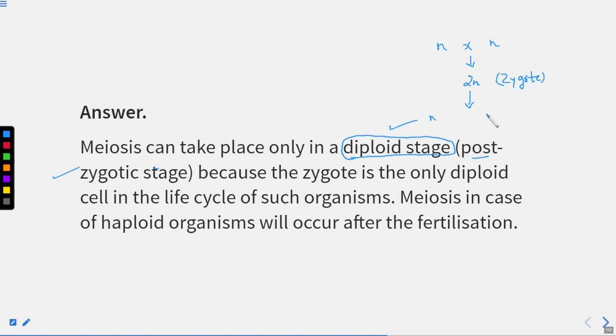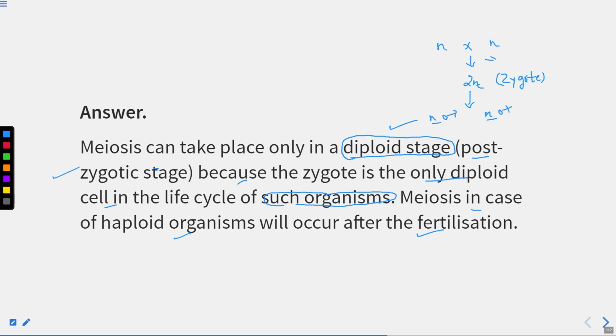Then again gametes will form, n and n, then again the male and female gametes will fuse together and form a zygote. Meiosis can take place only in a diploid cell because the zygote is the only diploid cell in the life cycle of such organisms. Meiosis in case of a haploid organism will occur after the fertilization.